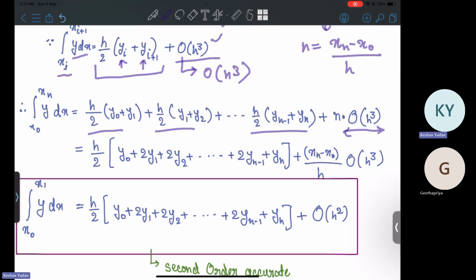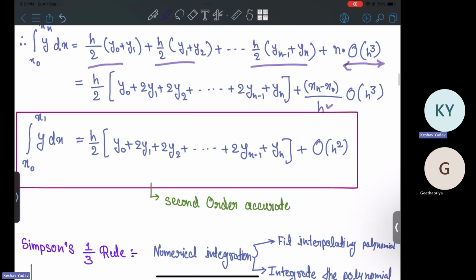So h comes in the denominator and cancels one of the h, and we get the integral of y dx from x0 to xn equal to h by 2 common from outside: y0 plus yn, and the others with 2 times, 2 times y1 plus 2 times y2, dot dot, 2 times y(n minus 1), and its order will be h square. So this is the composite trapezoidal rule. It is second order accurate.